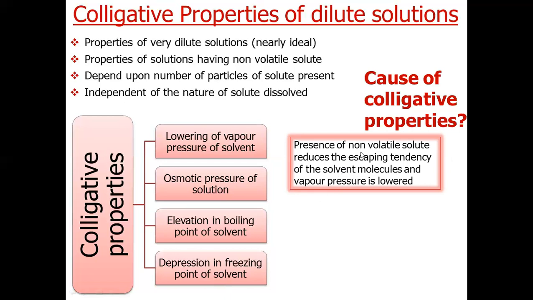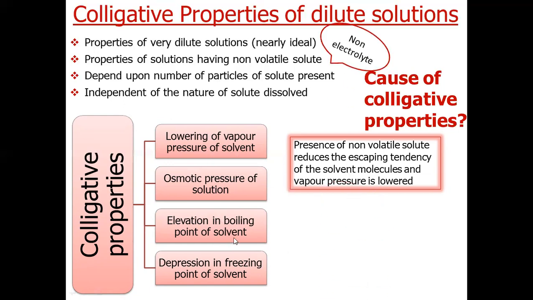How this statement is relevant to all these four colligative properties we will discuss later. Right now you just remember that the cause of all the colligative properties is that due to the presence of non-volatile solute, the vapor pressure of solvent is reduced. That leads to these four colligative properties.